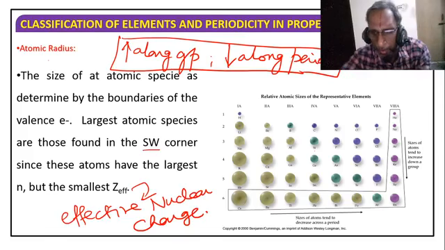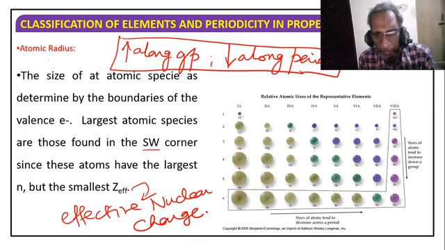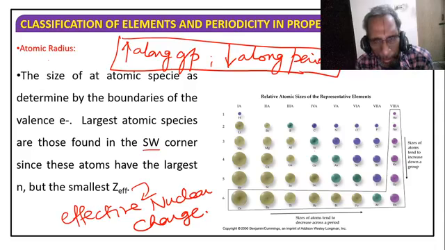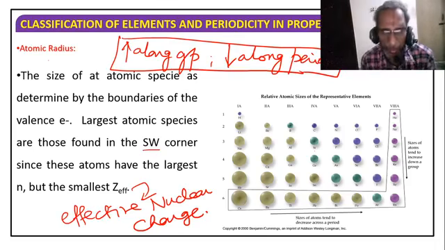The next class is the study of the trend of four properties: radius, ionization potential, electron gain enthalpy, and electronegativity. How do these properties vary along the group? How do they vary along the period? Why is there an anomaly? What is the reason? We will study all of it. That is the important part.